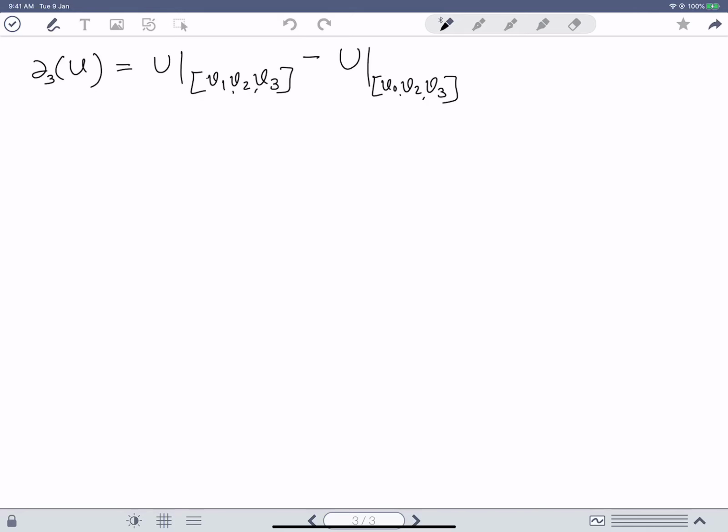Then plus U, now V2 will be missed, so V0, V1, V3, and minus U restricted on, now V3 will be missed, so here it will be V0, V1, V2. Right.